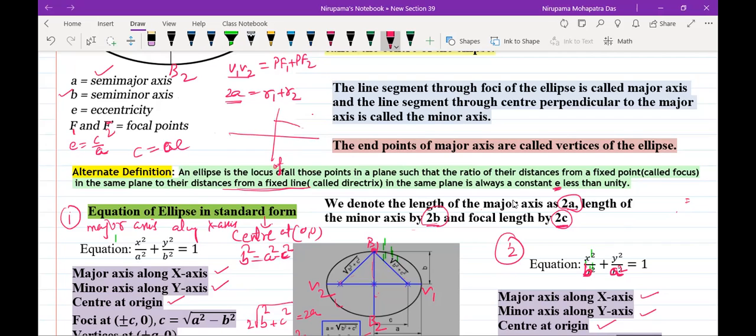If you have an ellipse like this, this is one focus and there is a fixed line.